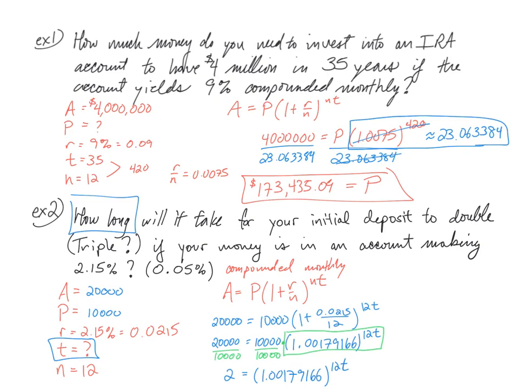So in order to solve this, we will have to rewrite this as a log equation. So let's take a look at how we can do that. We can take this equation. We can say the log will have a base of 1.001799166. So log of 1.001799166.